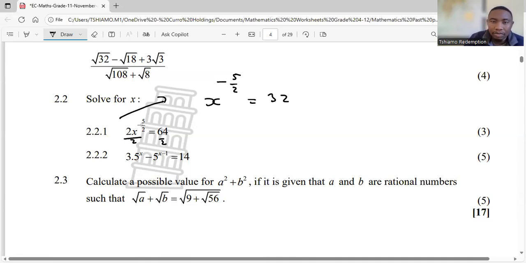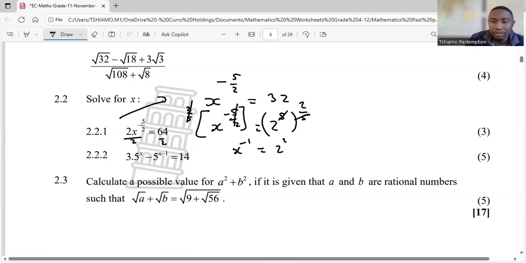So the reciprocal of that will be what? You can change the 32 to 2 to the power 5. Multiply by 2 over 5. This is the reciprocal. That and that cancel. That and that cancel.